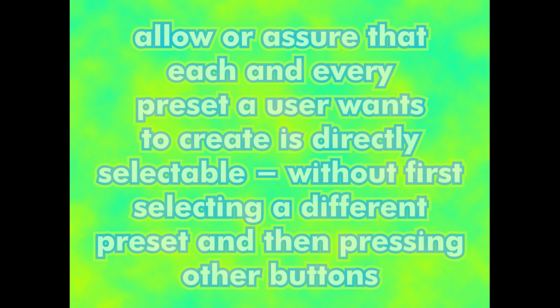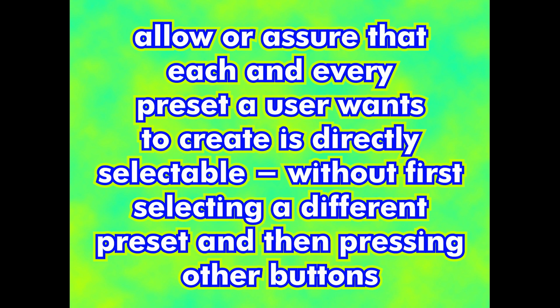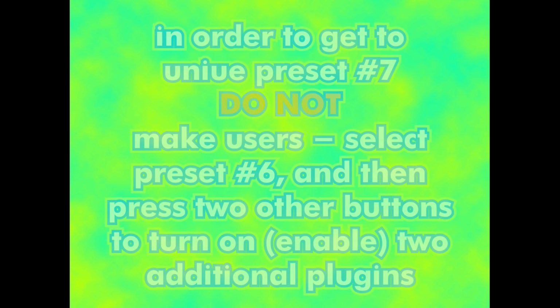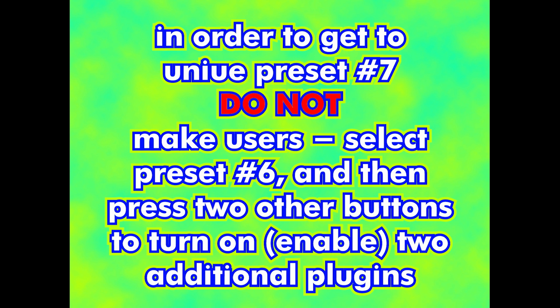I want to encapsulate everything into a specific preset, so I don't have to think: hit this preset button or select this preset and then also do this other thing. It kind of spoils the whole concept of a preset, right? A preset is a plugin or a collection of plugins and the specific settings for those. In other words, I've got this certain group of plugins that come together under one button, under one flip of the dial or whatever to select it, and then I have to go hit something else.